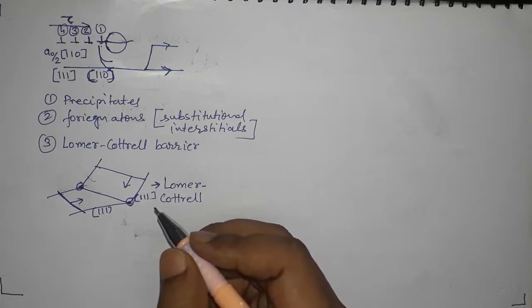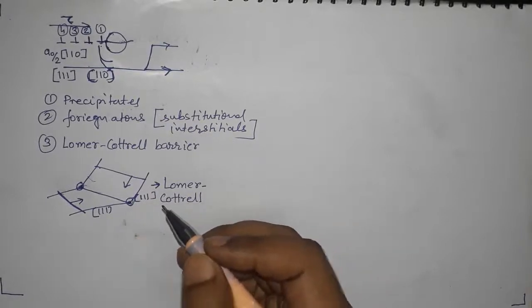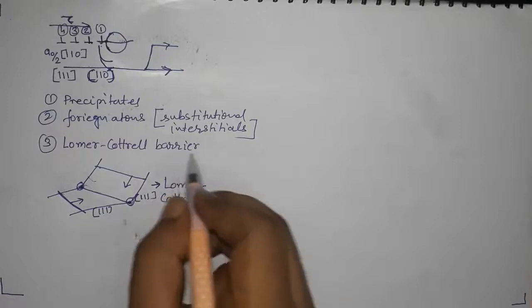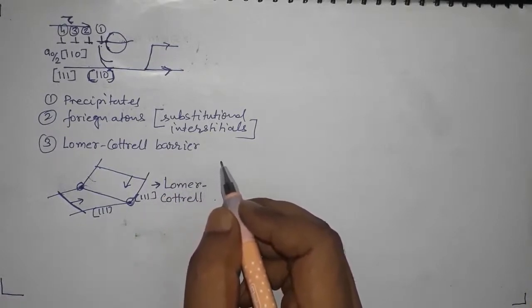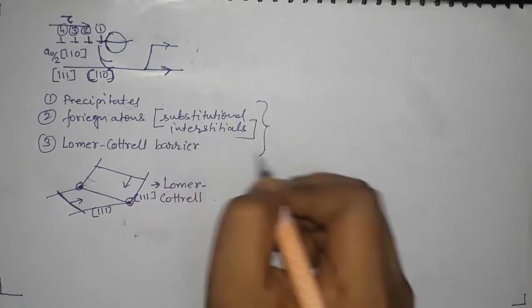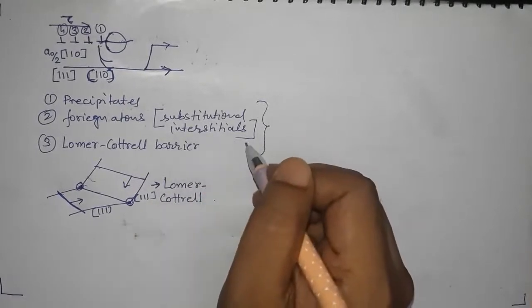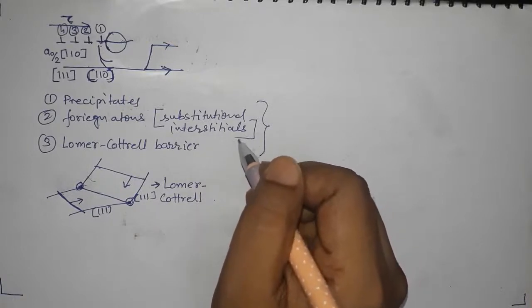So it is possible in an FCC single crystal for 111 planes to intersect with each other, and this can be one type of barrier in the single crystal. Okay, so all these types of barrier can cause dislocations to be blocked, and you will need more stress to break these barriers, and therefore strain hardening can be explained, right?